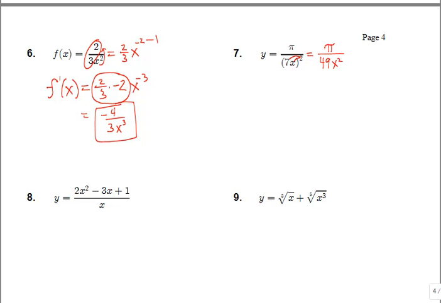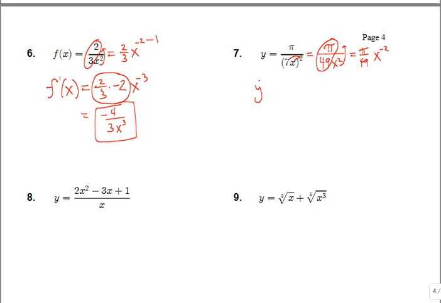And then this is very similar to the last example. We can simplify this by taking that coefficient, that pi over 49, and putting it out front. And then we can take that x squared, which is in the bottom, and move it up to the top by making the power negative.